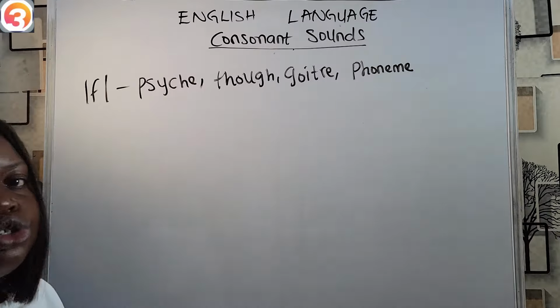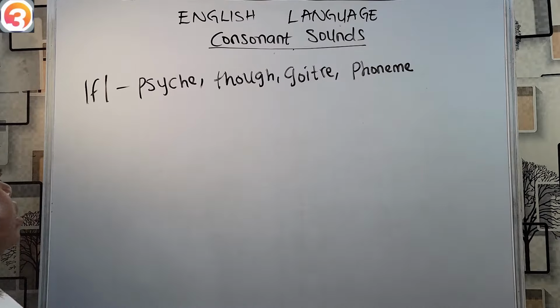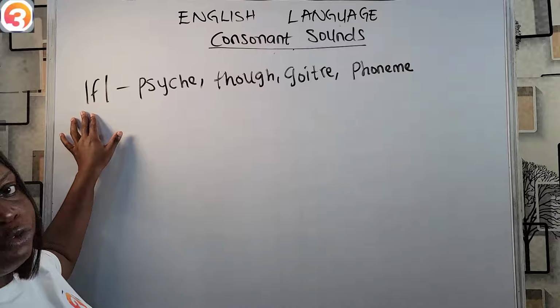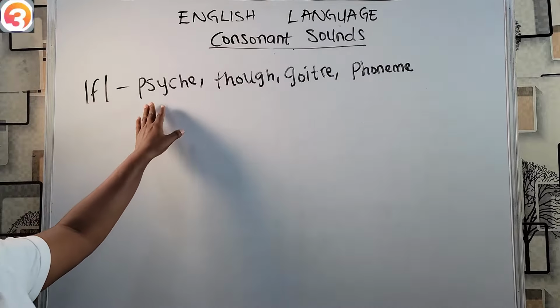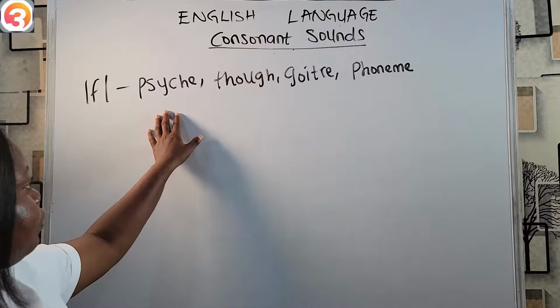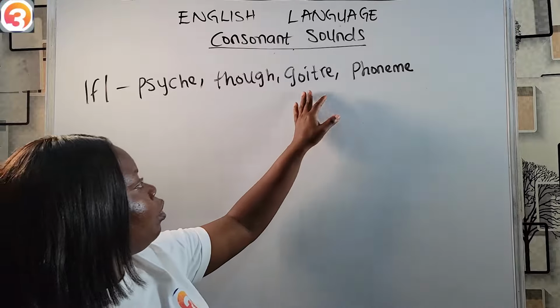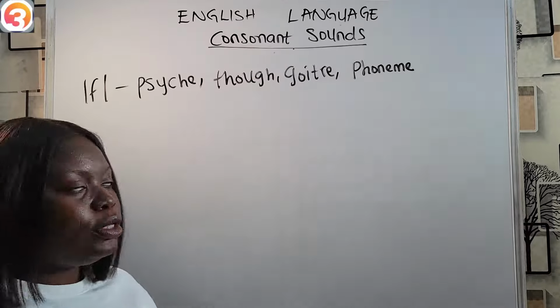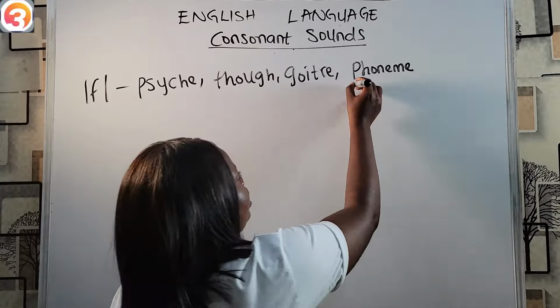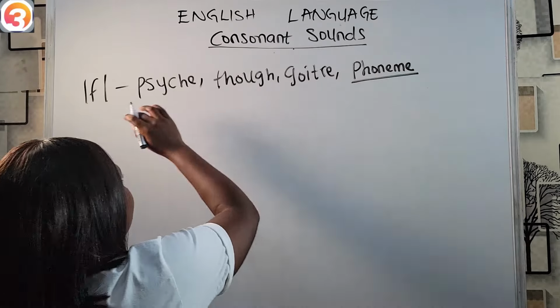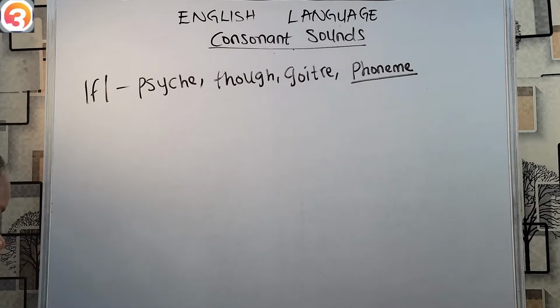So from these options, we will look for a word that contains this consonant sound given to us. So we pronounce, this is psych, there's no f there. Though, goiter, phoneme. So our answer becomes phoneme. The PH here also carries the f sound.